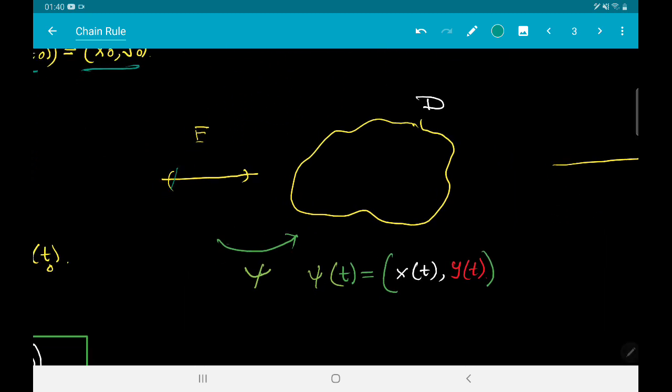So suppose that psi maps everything inside E to be inside the region D, which was a subset of R² that we initially started with.